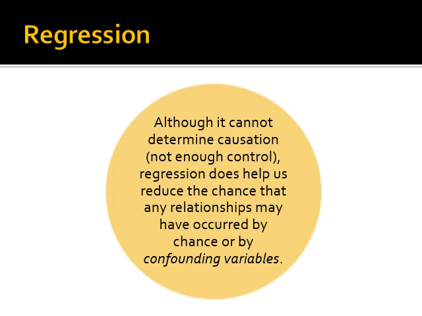Although it cannot determine causation because it doesn't have enough control, there's no control groups, regression does help us reduce the chance that any relationships may have occurred by chance or by confounding variables. And that's because when you are looking at multiple independent variables in terms of their impact on the dependent variable, there's a greater likelihood that you're going to find some degree of explanation in terms of what is confounding the results.